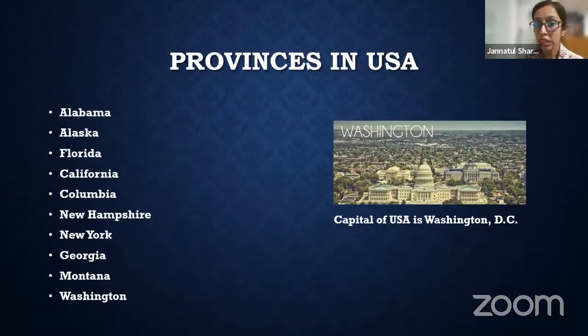Here you can see some provinces in the USA. The capital of the USA is Washington. Besides Washington, you can also study in other states like Alabama, Alaska, Florida, California, Colombia, New York, Georgia, Montana, Washington, etc. We can offer you universities according to your profile.